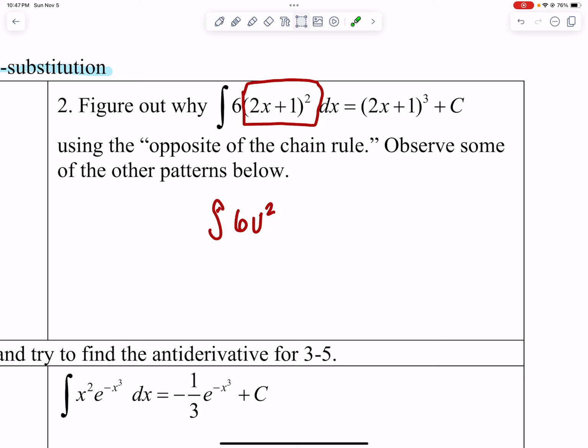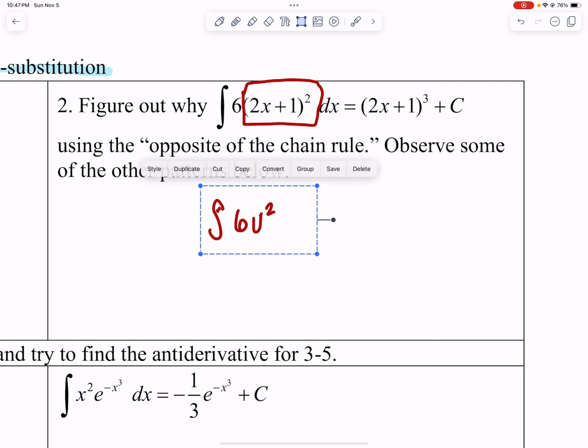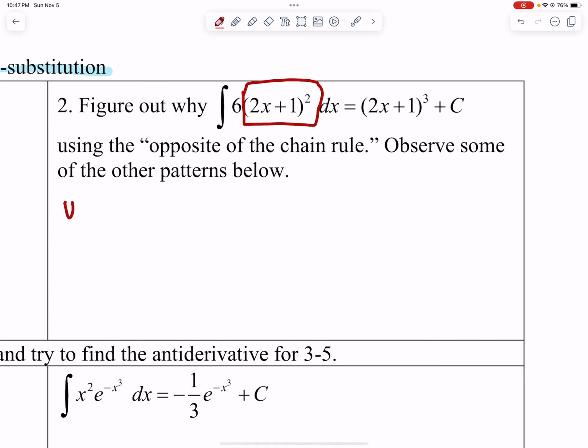Now, if I do that, I'm going to have to make sure that my dx isn't going to be dx, but it's going to be du.